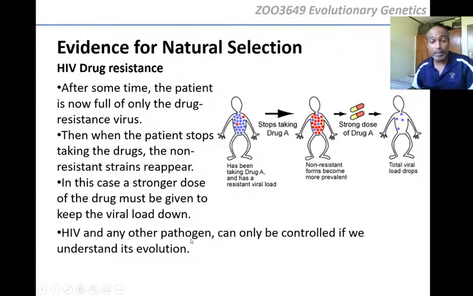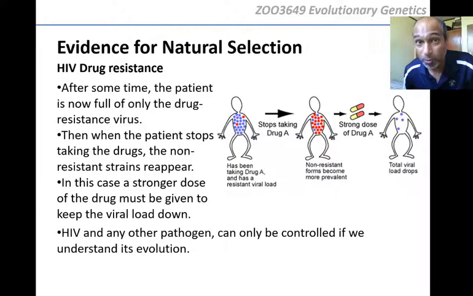And the bottom line is what? HIV and any other disease caused by a pathogen can only be controlled if we understand its evolution. Ladies and gentlemen, this world is not going to forgive you if you don't understand evolution.